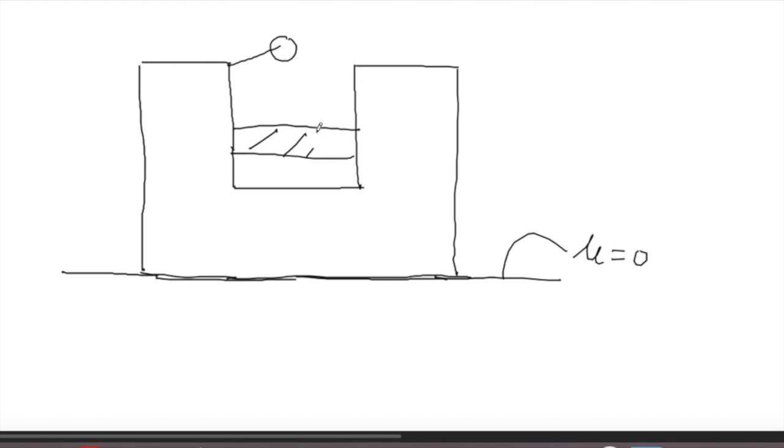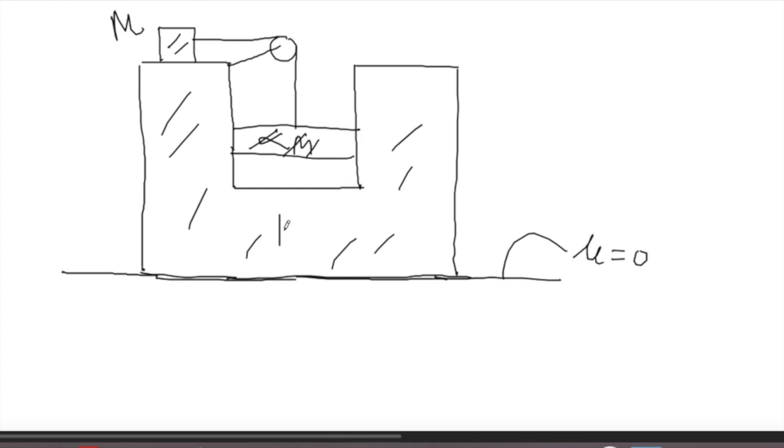Basically, there are two blocks, and the pulley is connecting these two blocks, and there is no friction anywhere. All the surfaces are smooth. Mass of this block is m, mass of this block is alpha m, mass of this block is beta m. We are applying a force F here, which is a constant force.